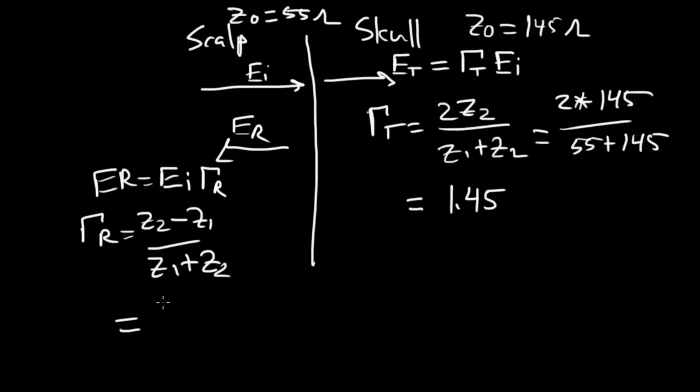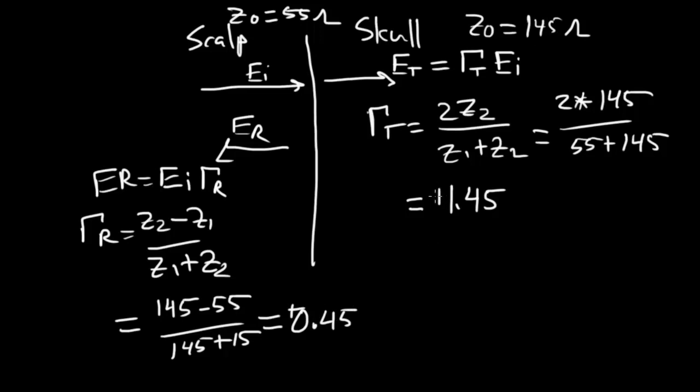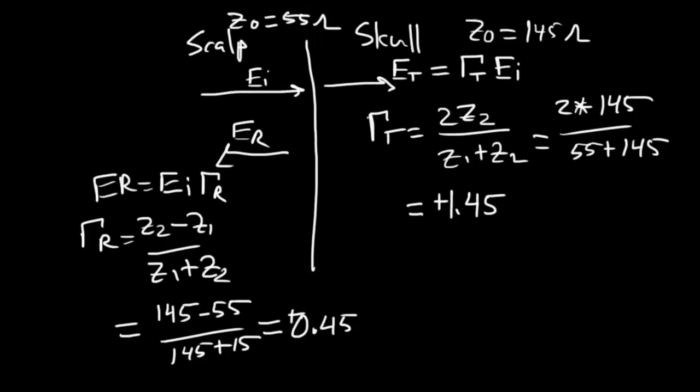In this case, that's equal to 145 minus 55 over 145 plus 55, which is equal to, I got it calculated here, roughly 0.45 positive. Both these quantities are positive. The transmission coefficient, you'll note, is always positive. The reflection coefficient can either be positive or negative depending on if there's a phase shift.